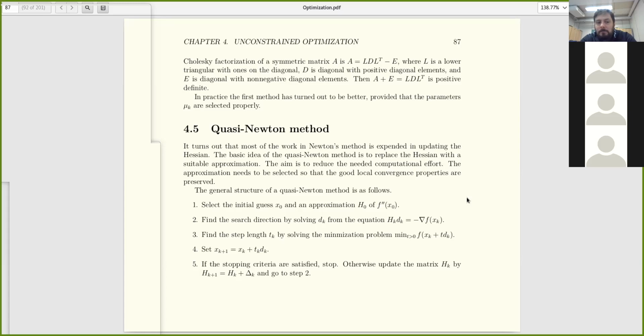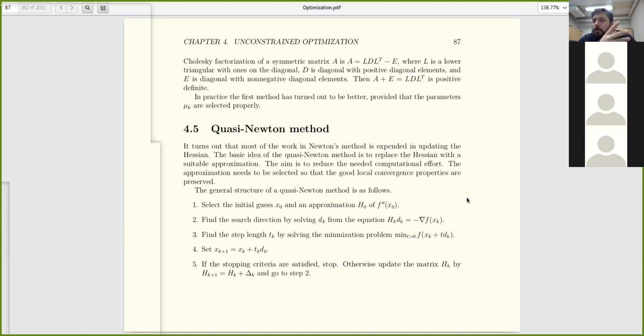The idea is that we figure out where to go by using this matrix, and this H0 is an approximation of the Hessian initially, and then in each iteration we calculate a new HK, where HK plus 1 is obtained by updating HK without having to resort to calculating the whole matrix all over again.